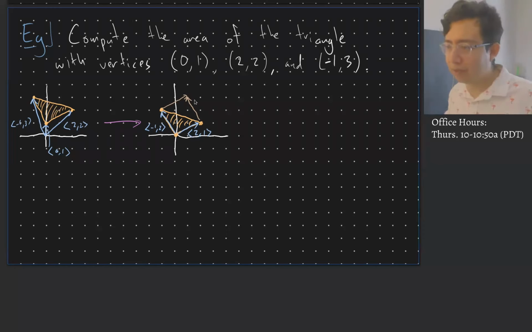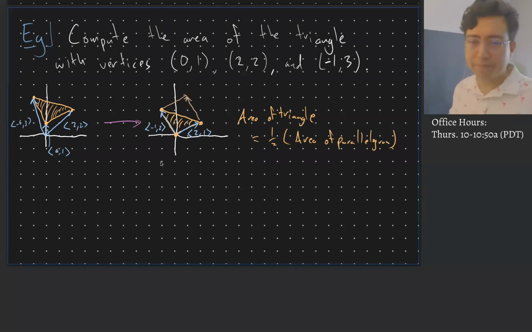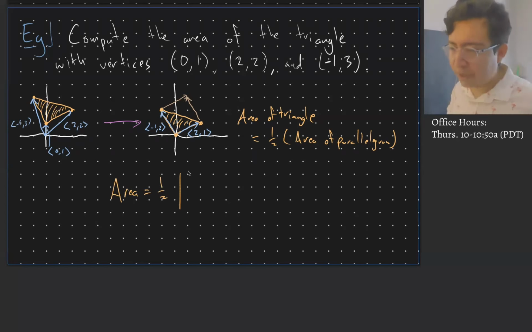So the area of the triangle is going to equal half of the area of the parallelogram. Okay, so neat little trick. And so the area that we're looking for, which is the area of the triangle, is going to be 1/2 times the determinant of the matrix 2, 1, -1, 2.